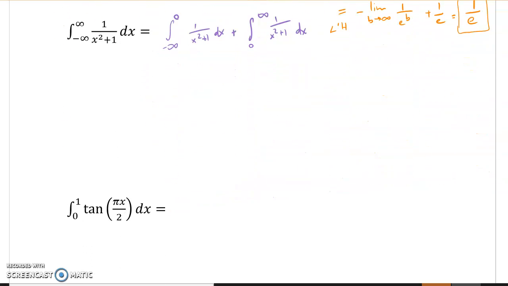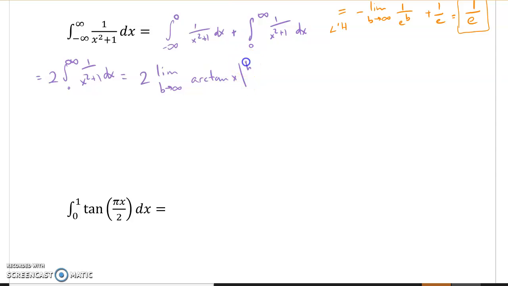And I am going to say this is equal to 2 times the integral from 0 to infinity of 1 over x squared plus 1 dx. That is perfectly acceptable. All right, so let's see. We can't plug in infinity, so we're going to use the limit as b approaches infinity of the antiderivative of 1 over x squared plus 1, which is arctan of x.